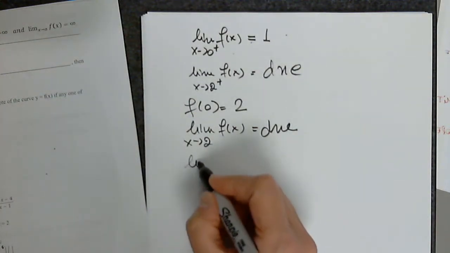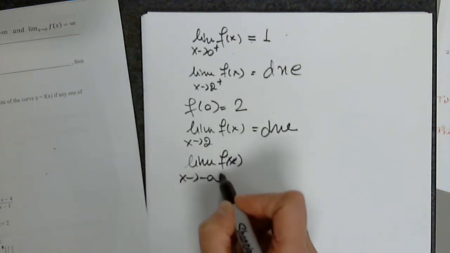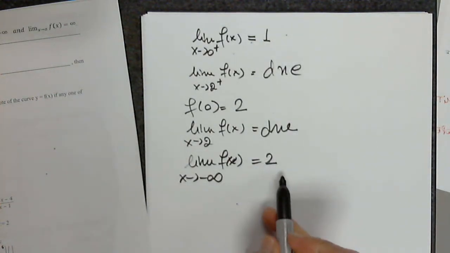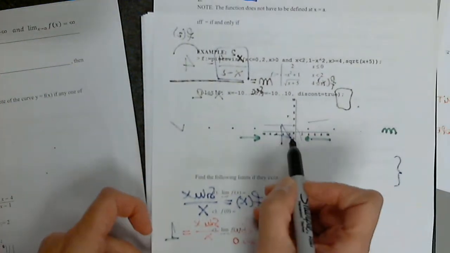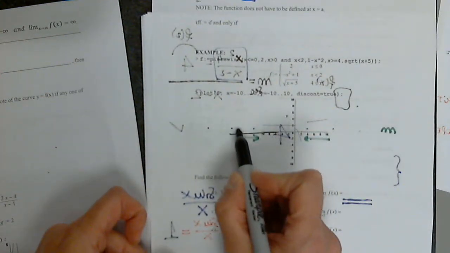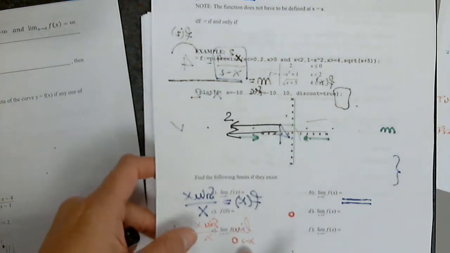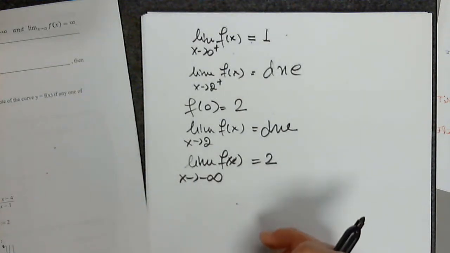Limit of f of x as x approaches negative infinity. Very good. Do you all agree with that? As x approaches negative infinity, the limit is 2? Yes? Is that clear? Okay, look here one more time. So as x approaches negative infinity, function values approach 2. Is that okay?